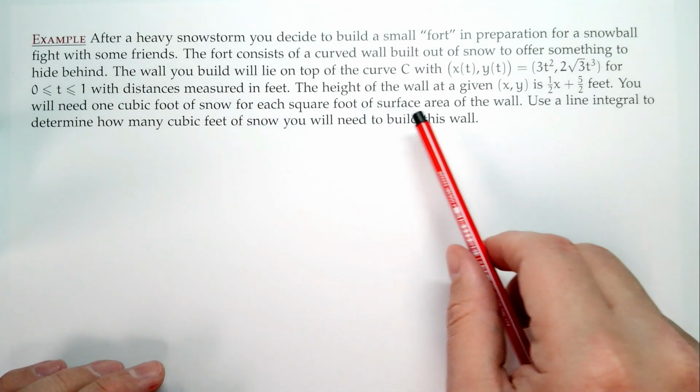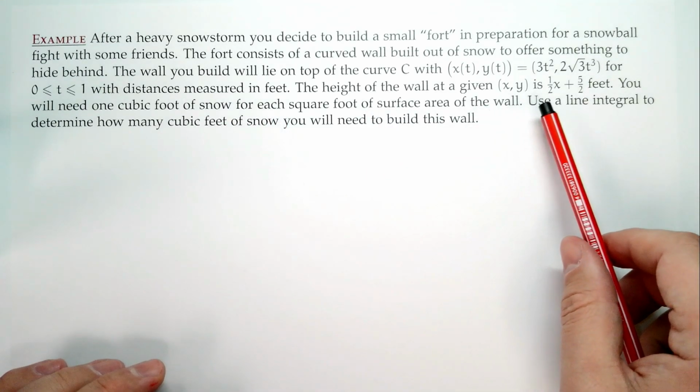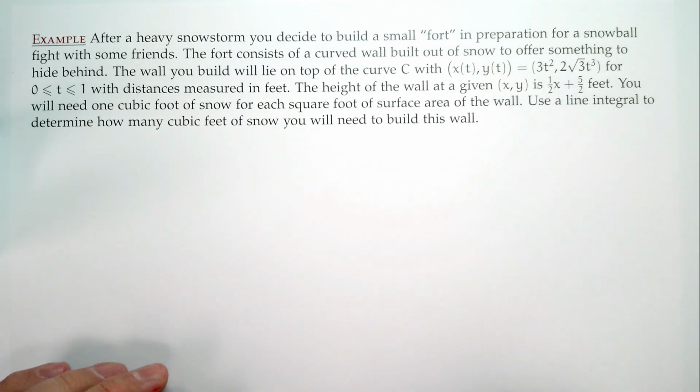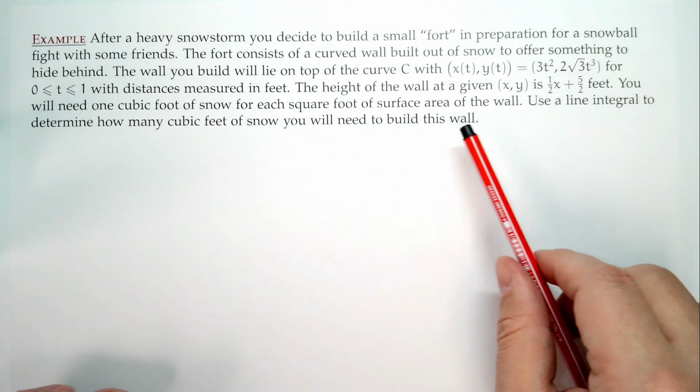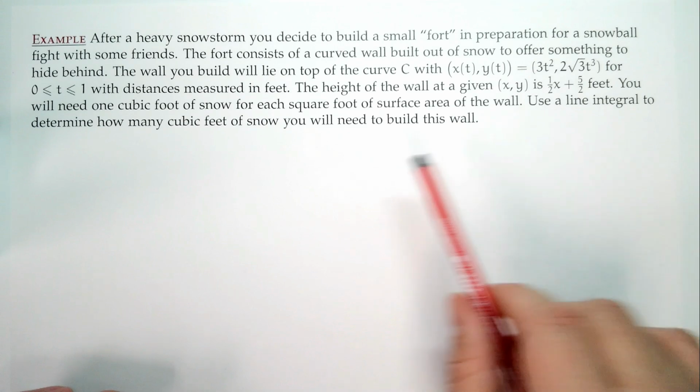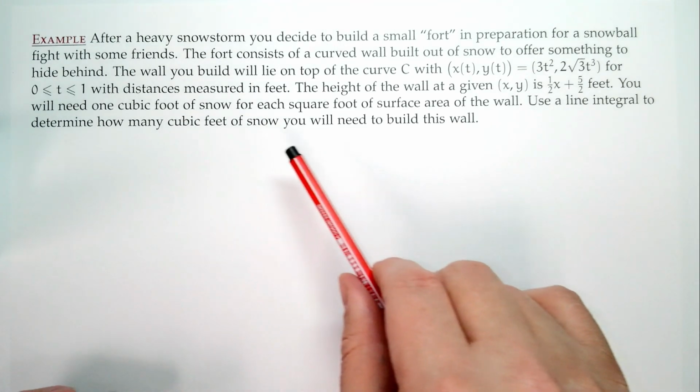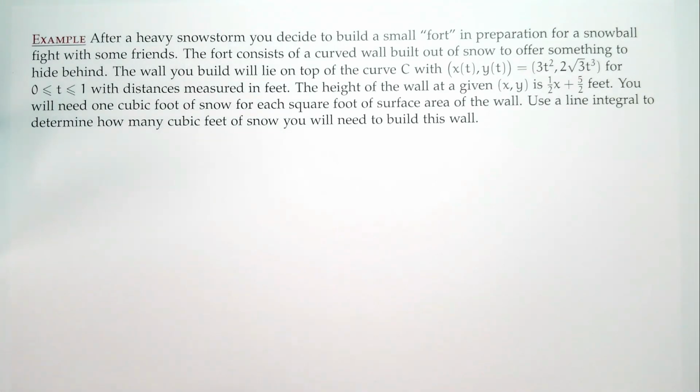The height of the wall at a given (x, y) is ½x + 5/2 feet. You will need 1 cubic foot of snow for each square foot of surface area of the wall. And we want to use a line integral to determine how many cubic feet of snow we'll need to build this wall.